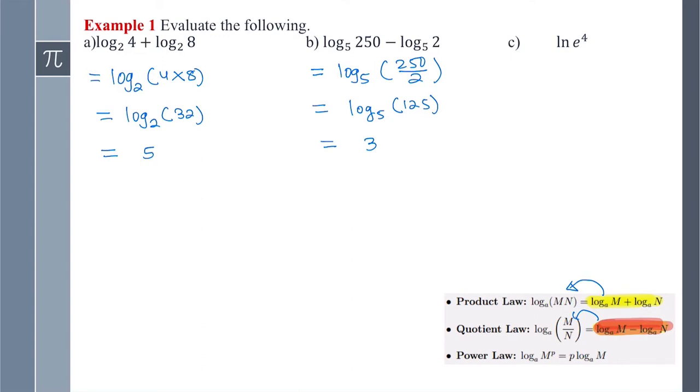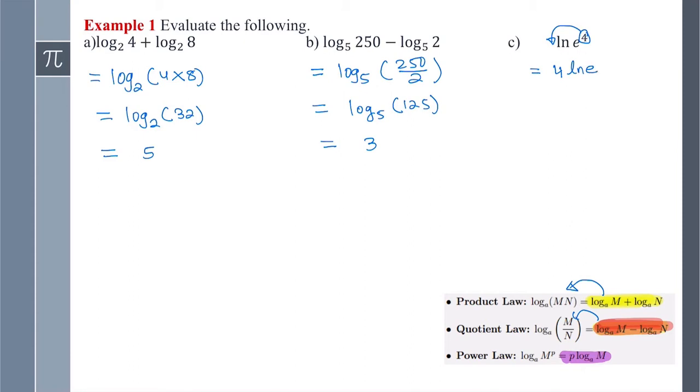Similarly, the third one is the power law. If we have log base a of m to the p, then we can bring that power down. Here we have natural log of e to the fourth, so we can bring this 4 to the front. That equals 4 times natural log of e.